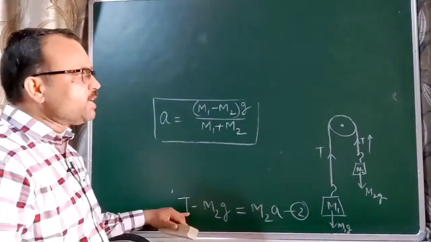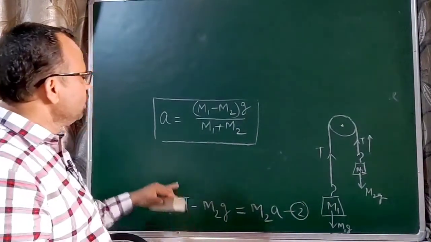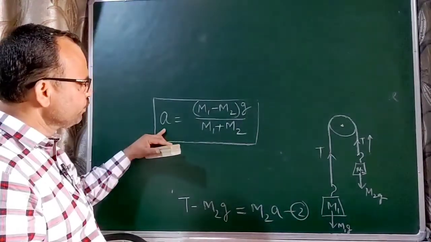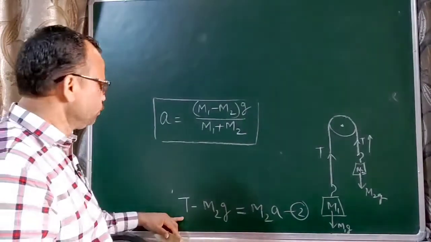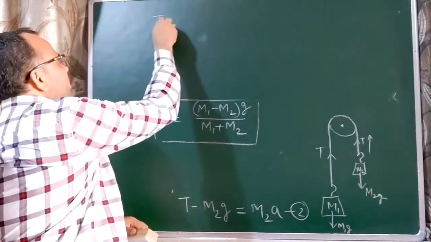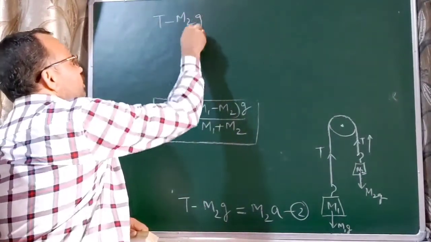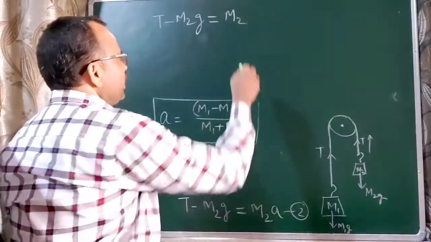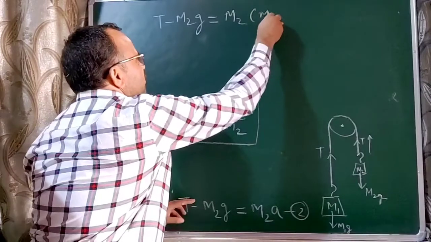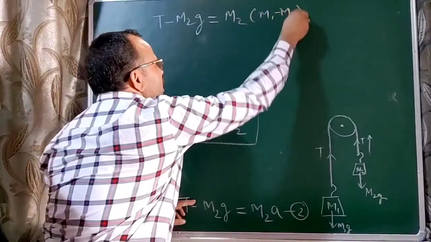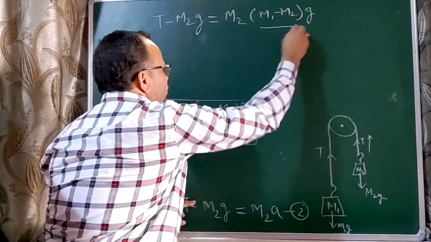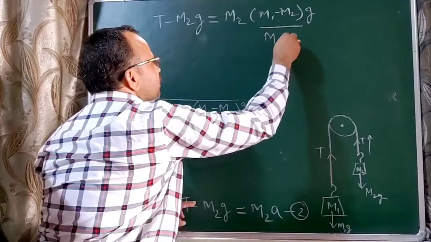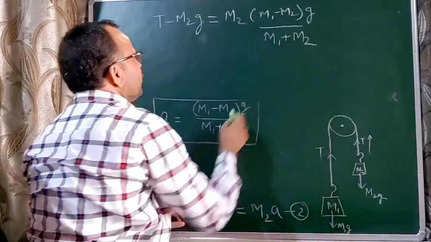To calculate the tension in the string, put the value of a in equation 2. So T minus m2g is equal to m2 times (m1 minus m2) g upon (m1 plus m2), right?